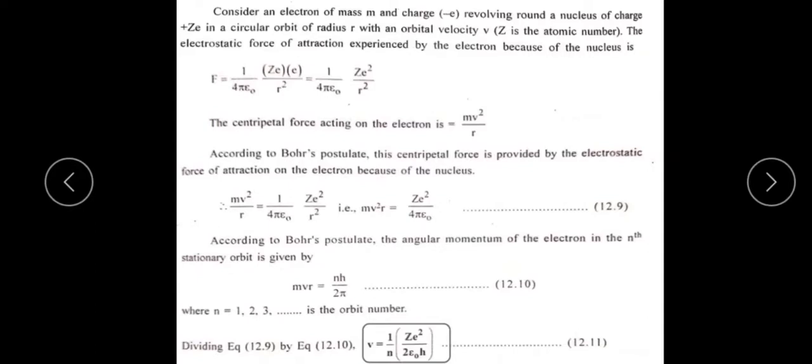That is v is equal to 1 by n into Ze square divided by 2 epsilon naught into h. Here it is shown in the box. So that is the expression for velocity.